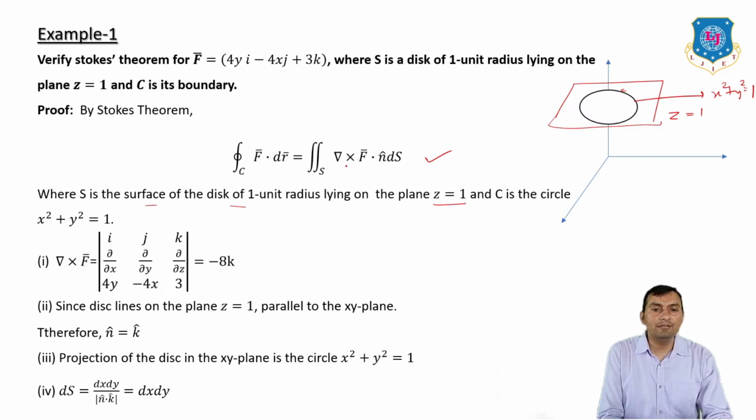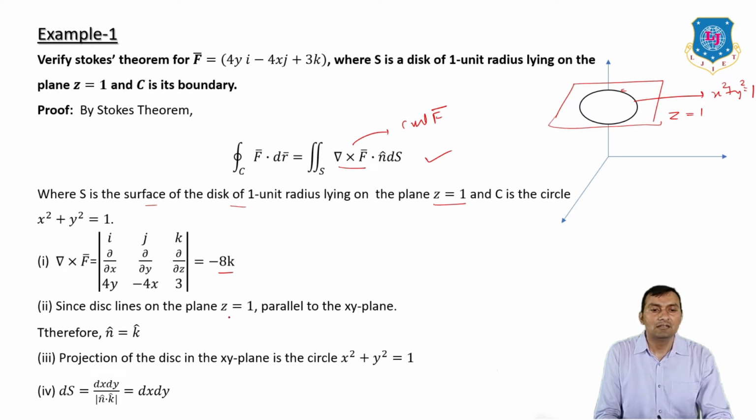For that, first we have to find the curl of F. That is del cross F, as a determinant with i, j, k, del by del x, del by del y, del by del z, and the components 4y, minus 4x and 3. After evaluating this determinant, we get minus 8k.